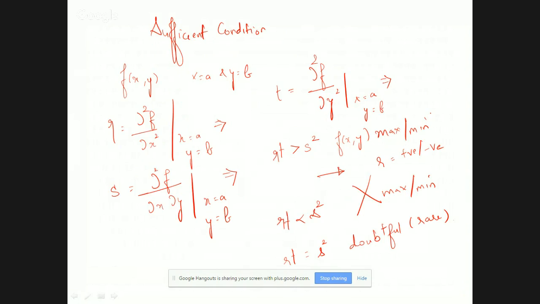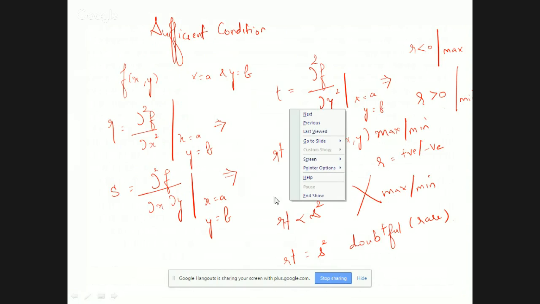Suppose you are finding the r. If r is positive, that is r is greater than 0, you have minima at that point. If r is less than 0, you have maxima at that point. So this is the way you have to find out the maxima and minima.